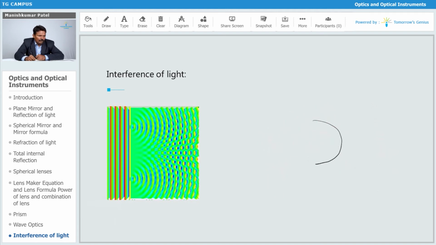How to calculate the intensity? That we will see now. We will see the condition for constructive and destructive interference.